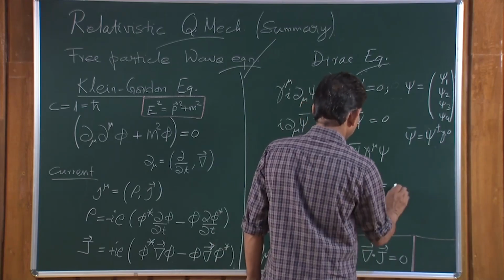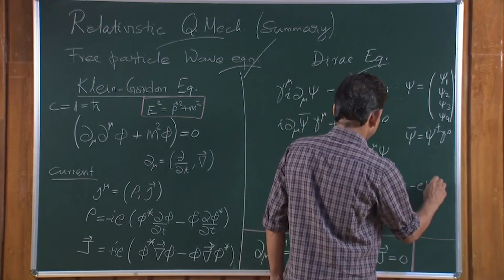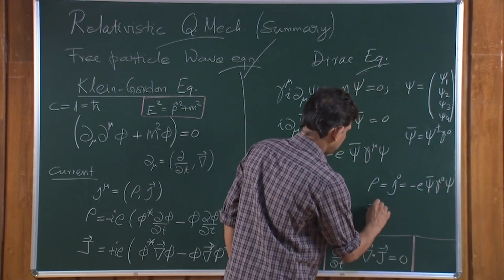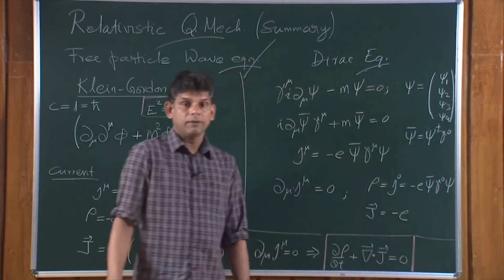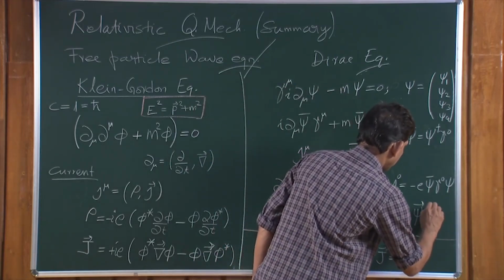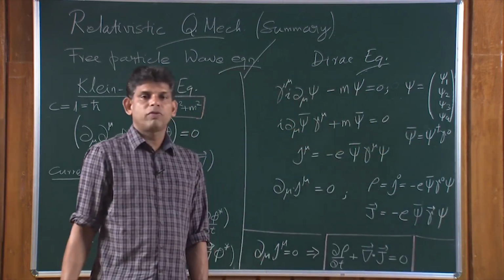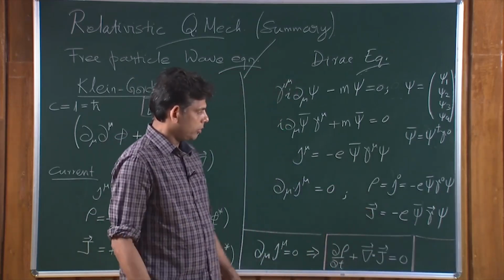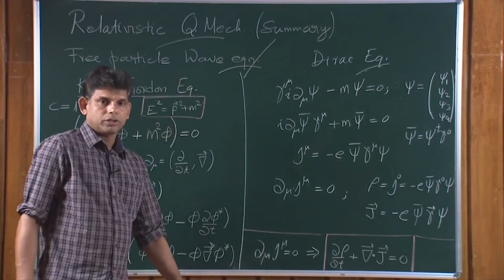J 0 is equal to minus e psi bar gamma 0 psi, and the 3 vector J is equal to minus e psi bar gamma vector psi. Now, this vector means only that the 3 components are taken together in the form of a vector, and they will satisfy the continuity equation as it is written there.